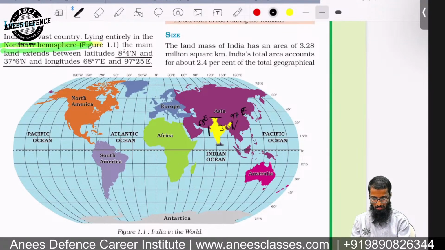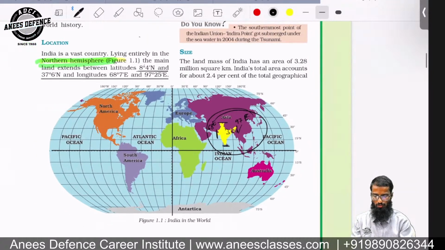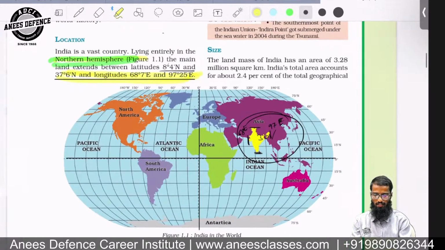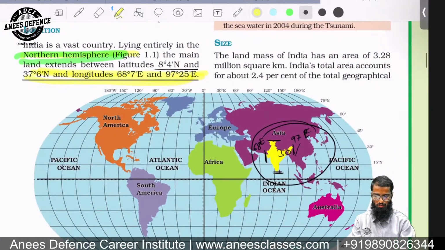This is the equator and this is 0 degree longitude. So India is here. So it is entirely in the north and east, right? So remember this. You need to remember this line. So that is important for you from an exams perspective.